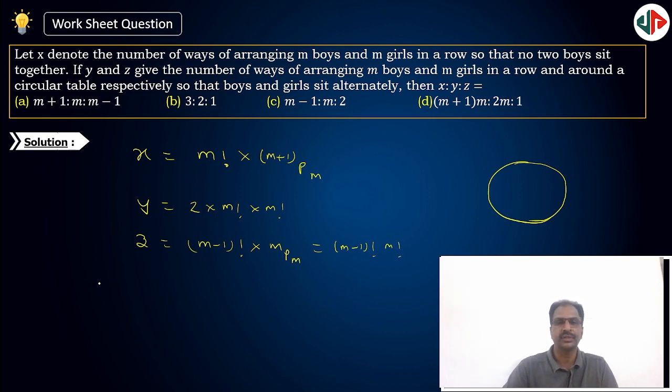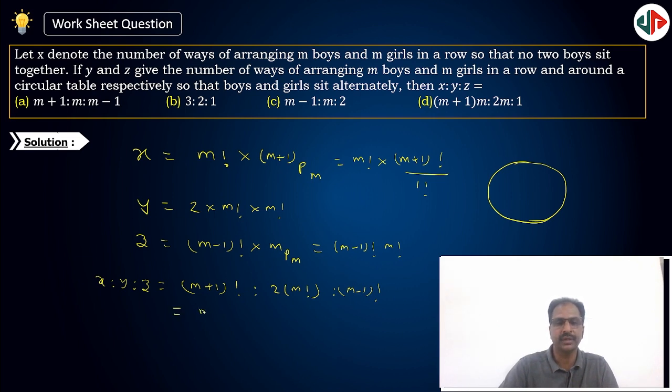Now what is X : Y : Z? This is M factorial into M plus 1 P M, that is M plus 1 factorial by M plus 1 minus M, that is 1 factorial. So what will be X : Y : Z? First you can cancel M factorial. Then what is left out? M plus 1 factorial : 2 into M factorial : M minus 1 factorial.